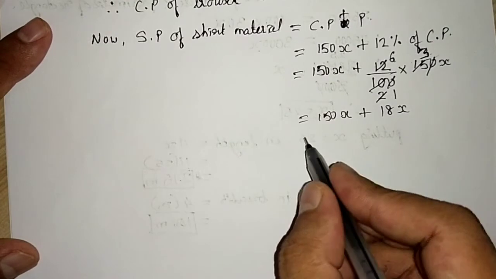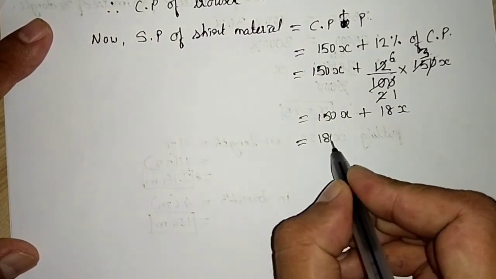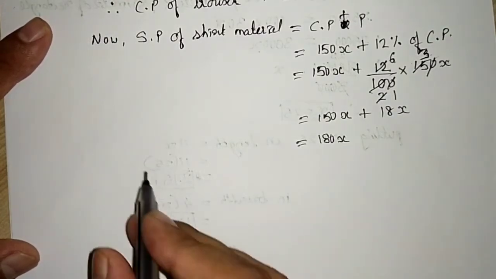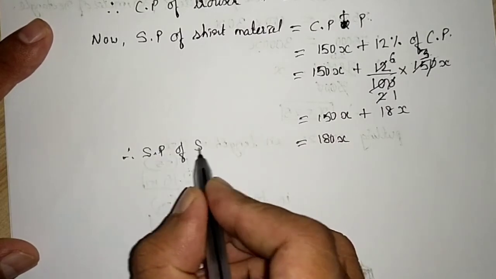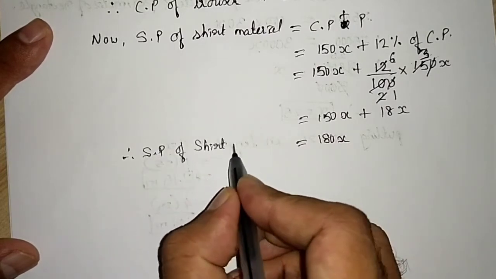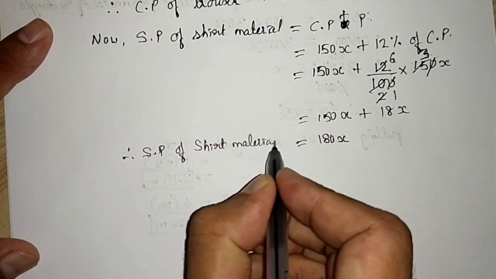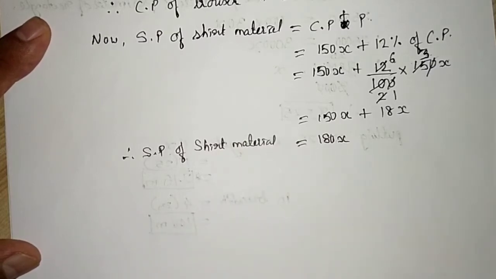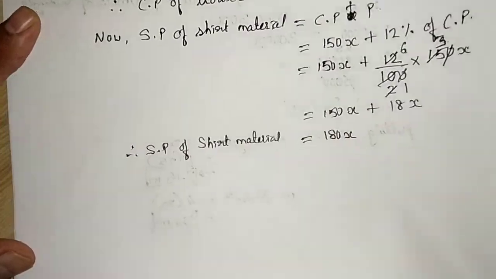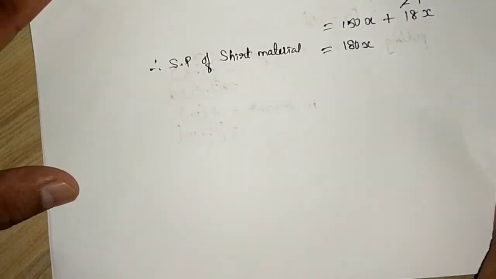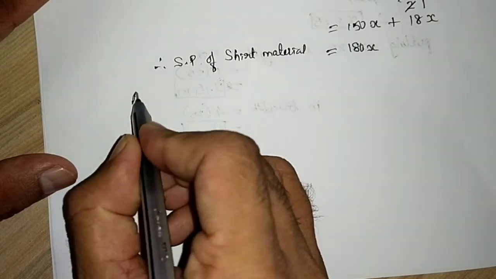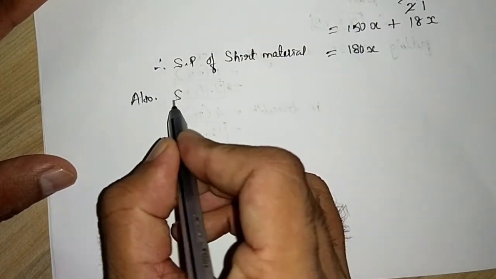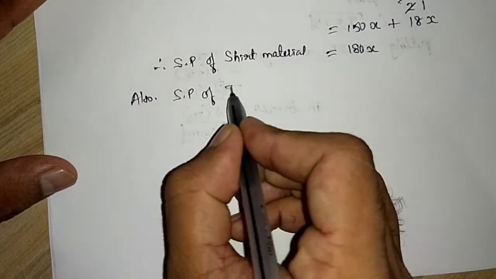So we will get selling price of shirt material as 180x. Therefore, selling price of shirt material is equal to 180x.